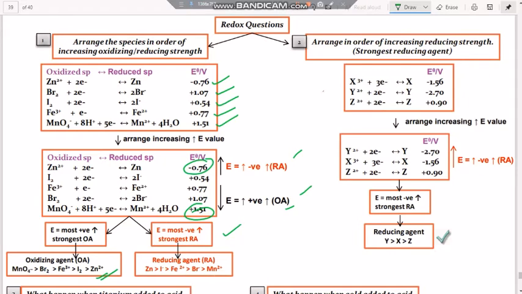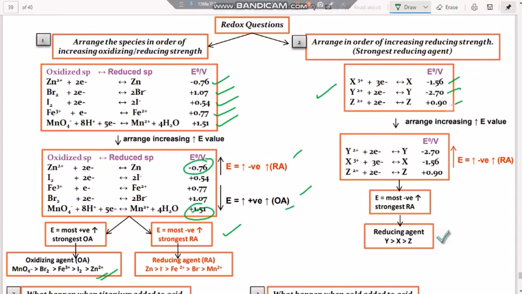And see another example we have. Arrange in order of increasing reducing strength. This is the question. In this we have a list of some ions. If you take X3 plus, minus 1.56 is the standard reduction potential value. Y2 plus is minus 2.7.